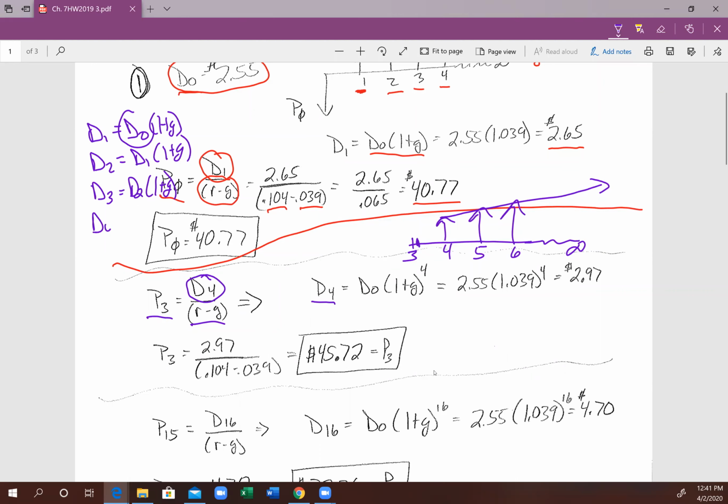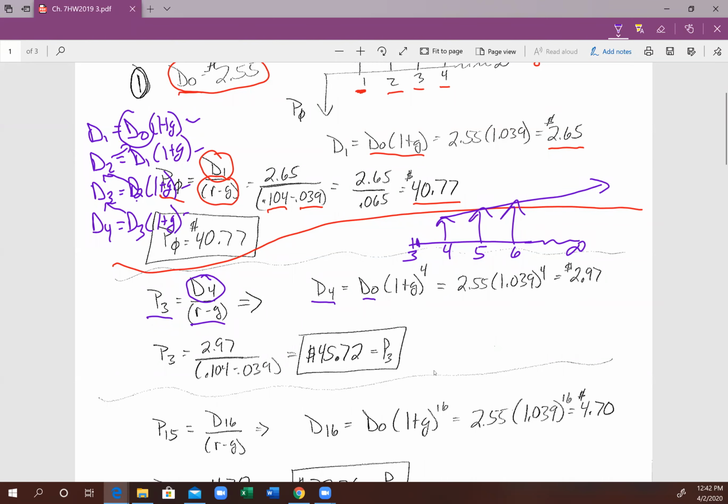I'll go ahead and write it down. D4, if you back your way through D3, D2, D1, is really equal to D0 times 1 plus g to the 4th.